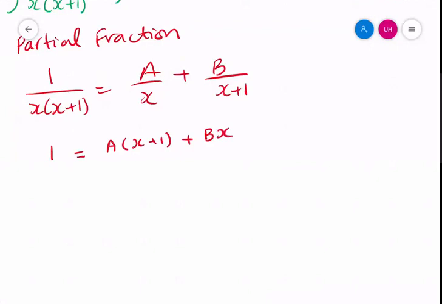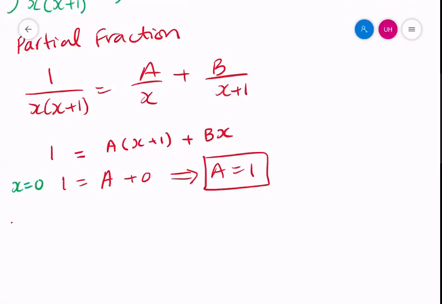Right. So now we need to find the values that make the bracket 0, to find a and b. When x is 0, then 1 equals a times 1 plus 0 here. Therefore, a equals 1.